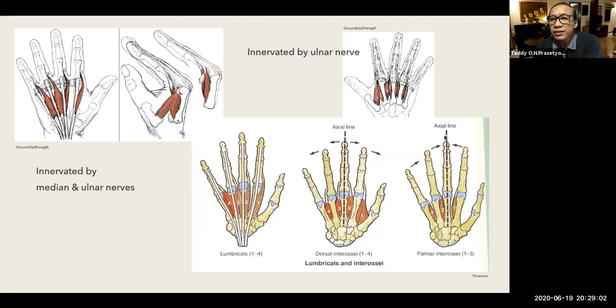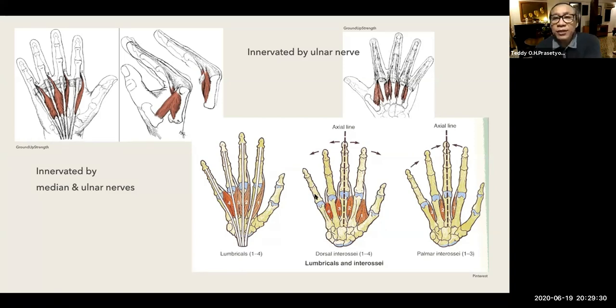That means it becomes the axial line for this muscle to bring the other digits closer. So the palmar interossei serve as the adductors. All right? Then it's easy to know that the dorsal interossei work as the abductors of the digits.